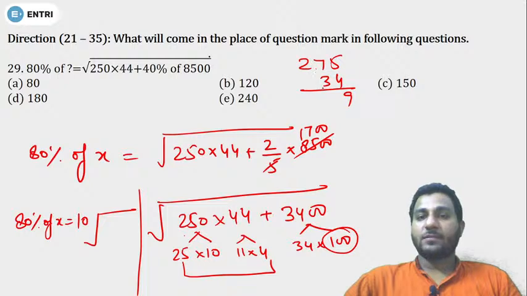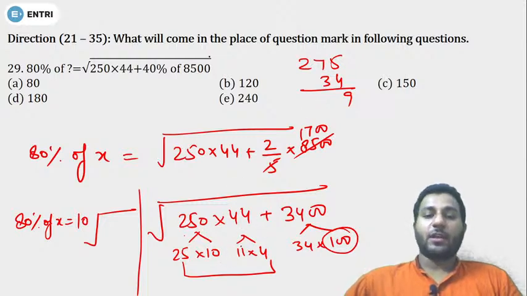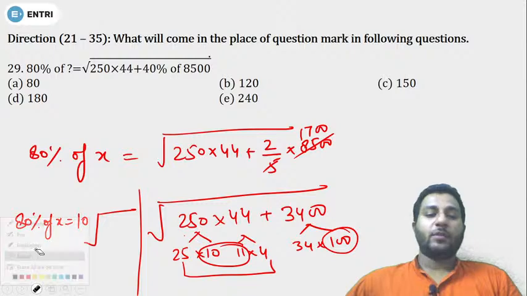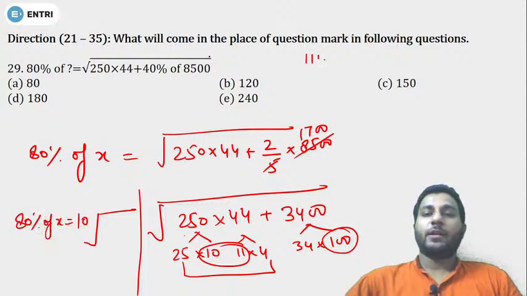Come on, guys. Try to solve this question as quickly as possible. Look at this. Sorry, 10 into 11 multiplies. Okay, so it will become 110, and once you add 34, it will become 144, which means the square of 12.